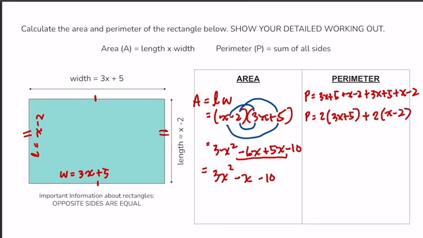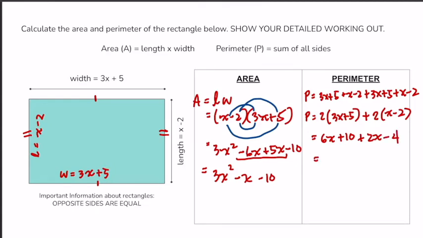And then we expand, okay? 2 times 3x, then 2 times 5, which gives you 6x plus 10. And do the same thing with the other side, okay? Which will give you plus 2x minus 4.